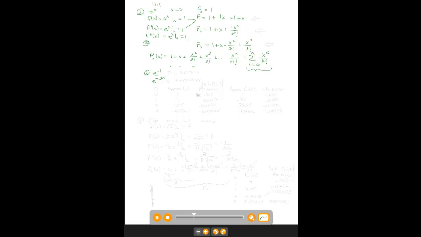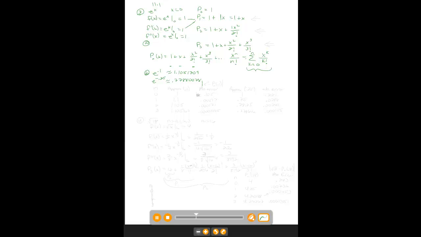Okay. So if you go to your calculator and you do e to the 0.1, you get 1.1051709. And the calculator value for e to the negative 0.25 is 0.77880078.